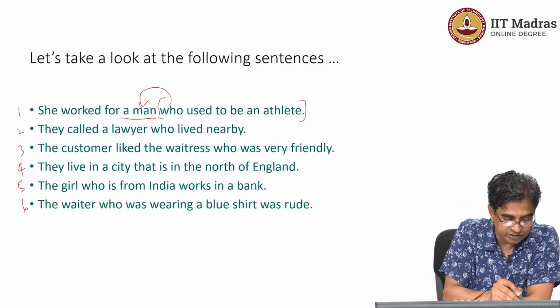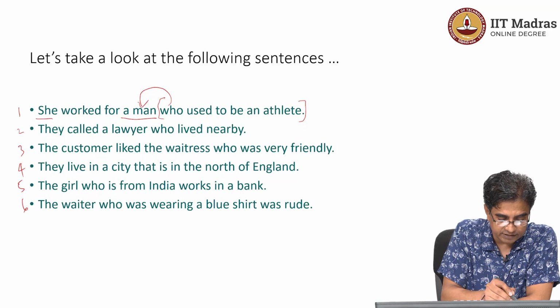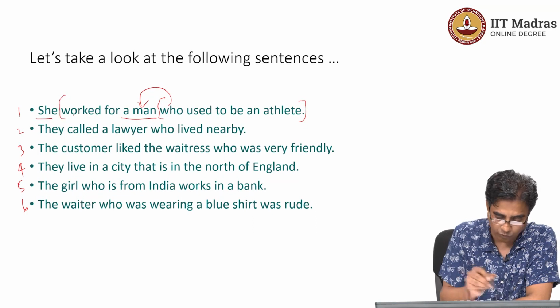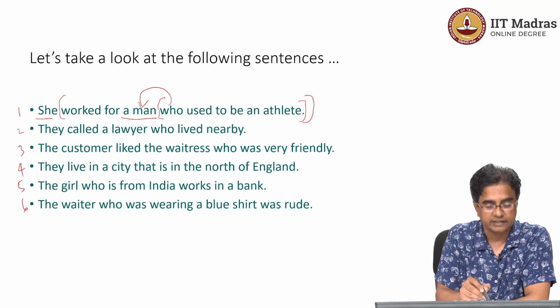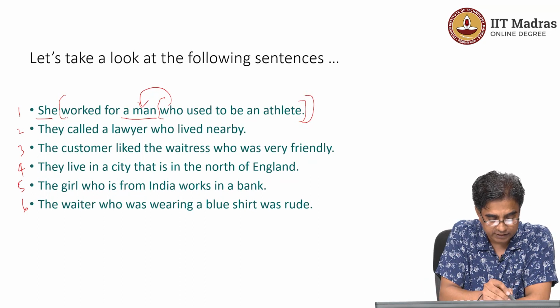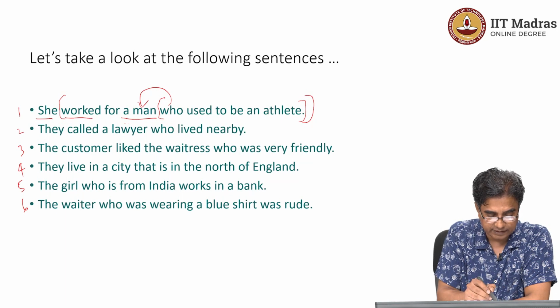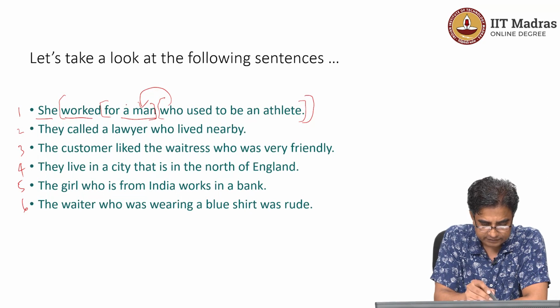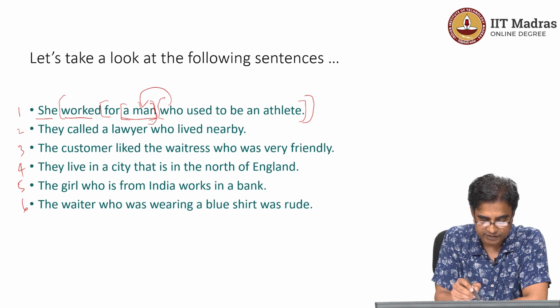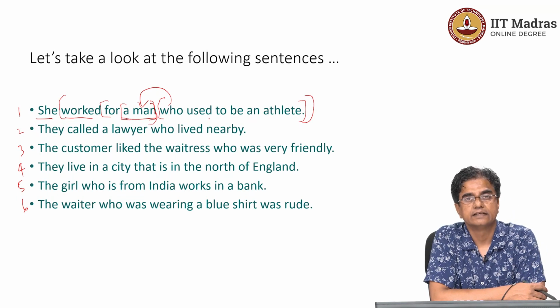Subject of the sentence is she. The predicate, in a way, is worked for a man, where work is the verb, and a man is also in some way part of this predicate. So, a man is the noun which is being modified in this sentence.